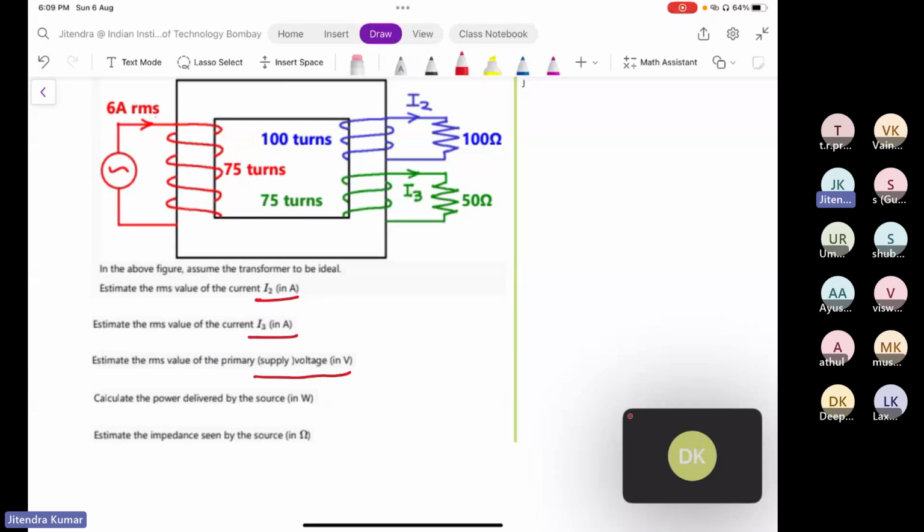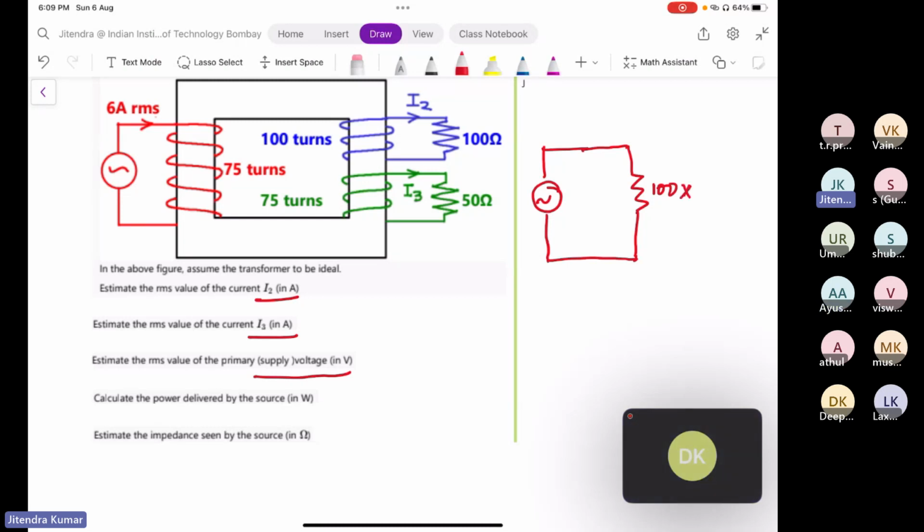So let me draw that equivalent circuit. Okay. So tell me one thing. Both loads, if we try to refer towards the primary side, will they be connected in series or parallel? Series.